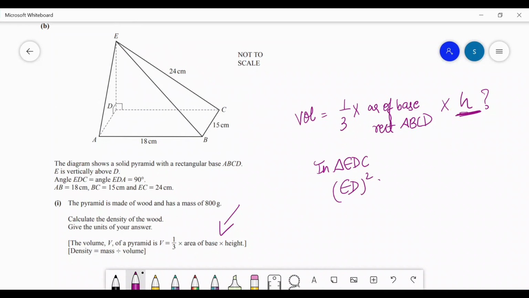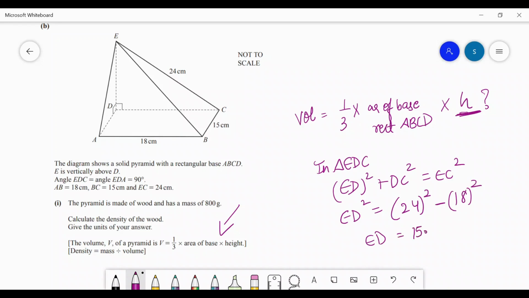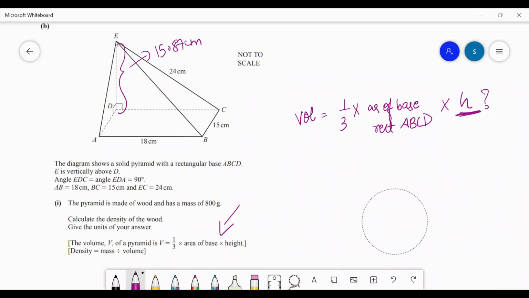ED square plus DC square is equal to EC square, so ED square is equal to 24 square, which is EC square, minus DC square, which is 18 square. If you solve that, you get ED equal to 15.87 centimeters. So now you know the height. This is 15.87 centimeters.